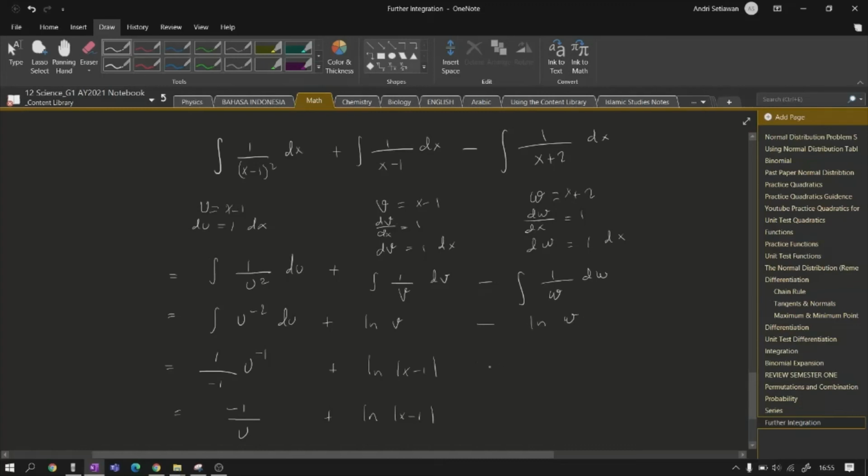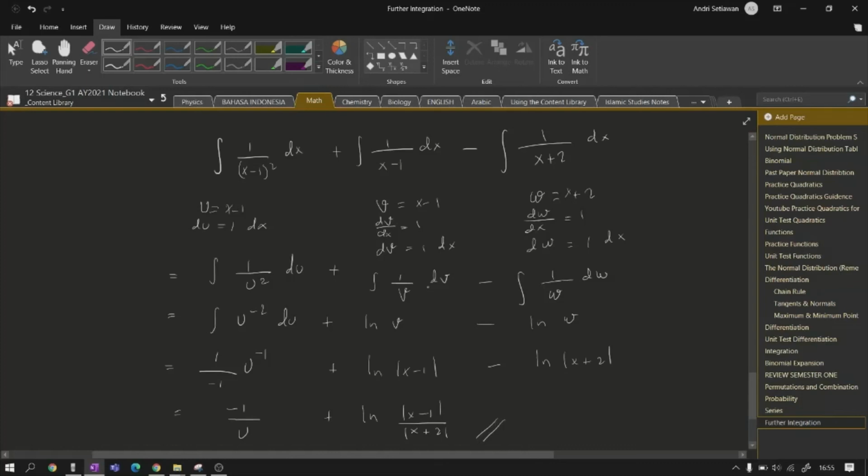Let's resubstitute w with x plus 2. So we find two forms with ln. We can combine them, since the coefficient is negative, into ln of x minus 1 divided by x plus 2. And this is the final answer.